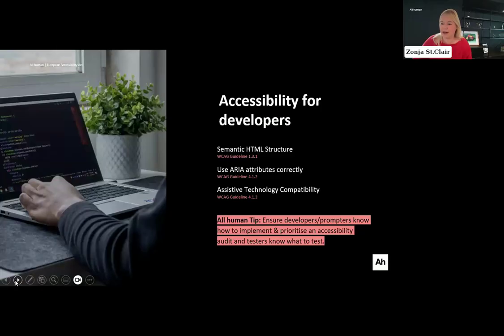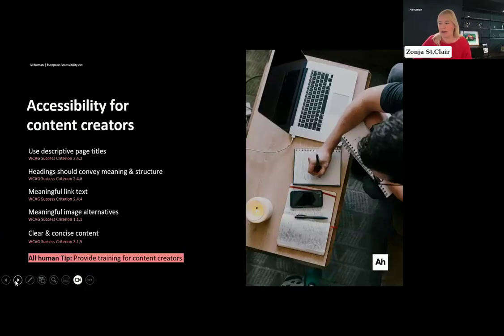And finally, to go on to content creators, the content of your website shouldn't remain static and it should be updated regularly. For this reason, it's really important to train your content creators and to make sure they're well versed with the accessibility requirements.